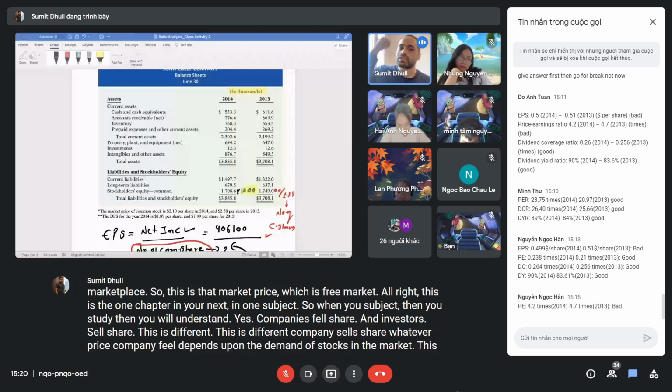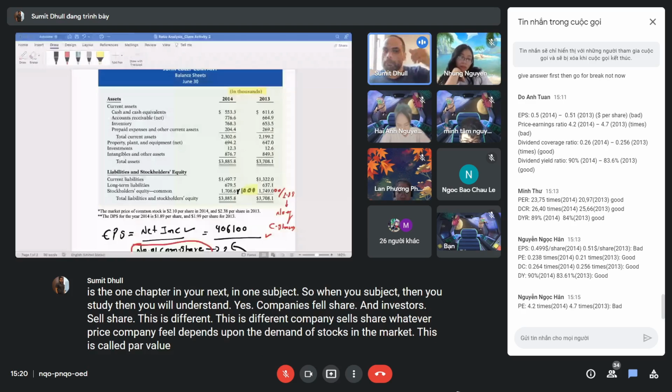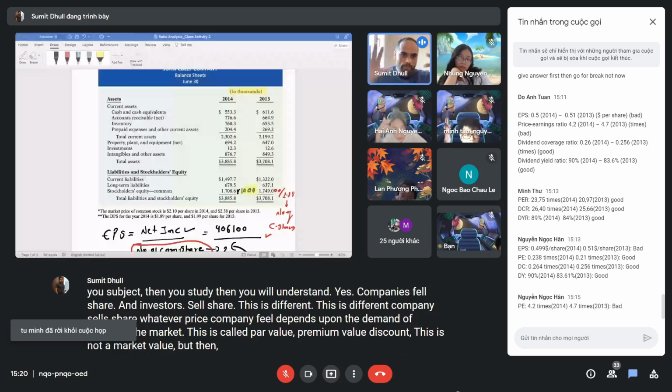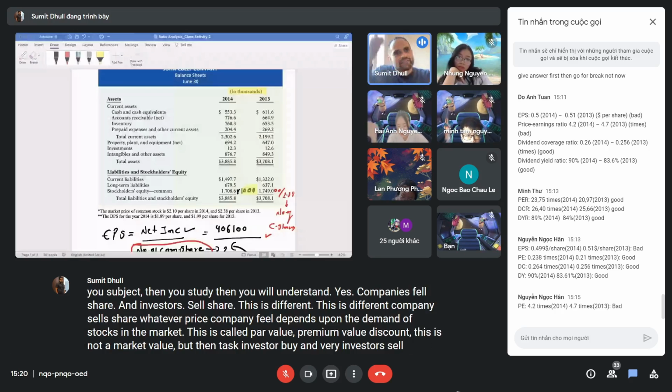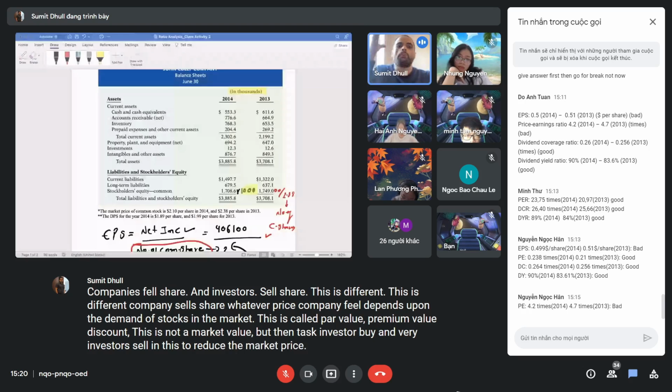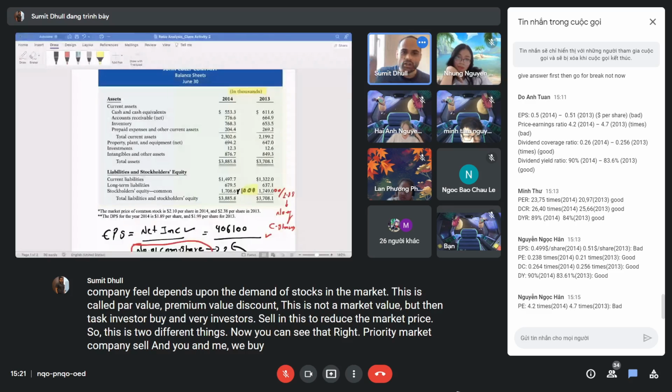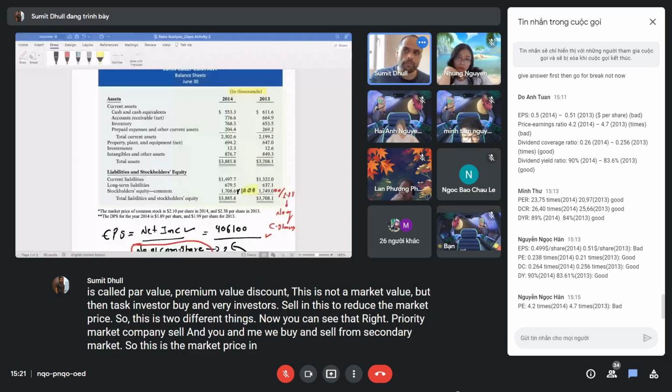This is called par value, premium value, discount value. This is not a market value. But when investors buy and sell, they use the market price. So these are two different things. Primary market, companies sell, and you and me, we buy and sell from the secondary market. So this is the market price in the secondary market.